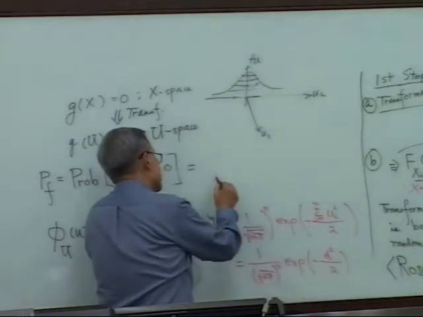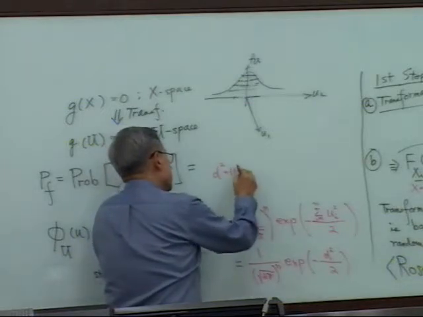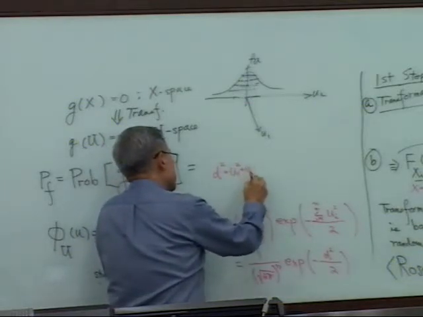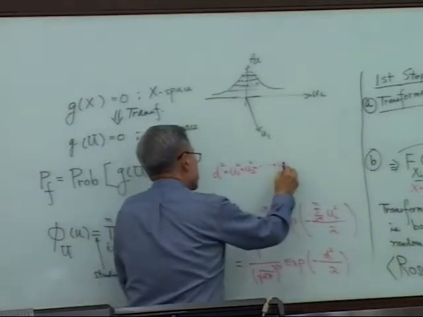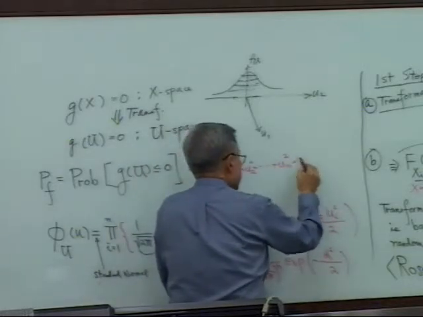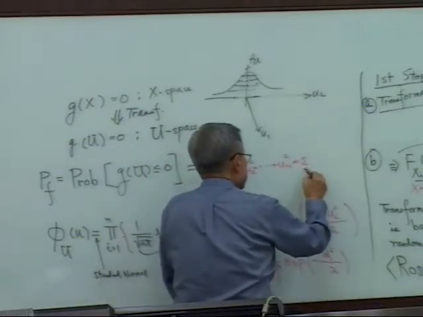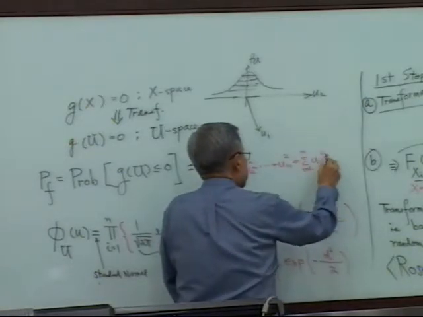Over here, d square is equal to u1 square plus u2 square all the way through un square, which is simply, as I write here, summation i equal to 1 through n of ui square.